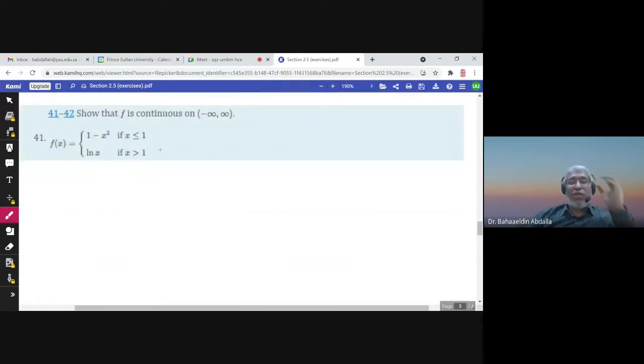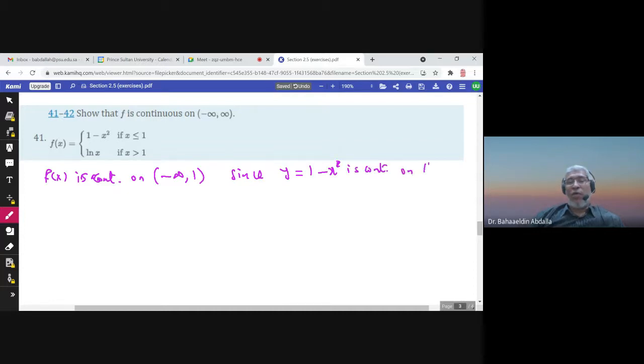Show that this function is continuous on negative infinity to infinity. Well, f of x is continuous on negative infinity to 1, since y equals 1 minus x squared is continuous on R. It's continuous on its domain, if you remember.